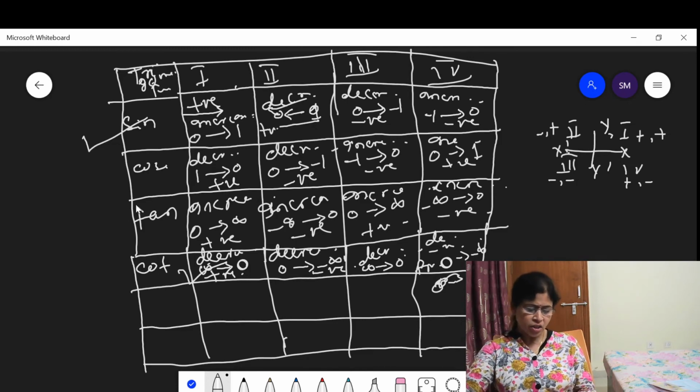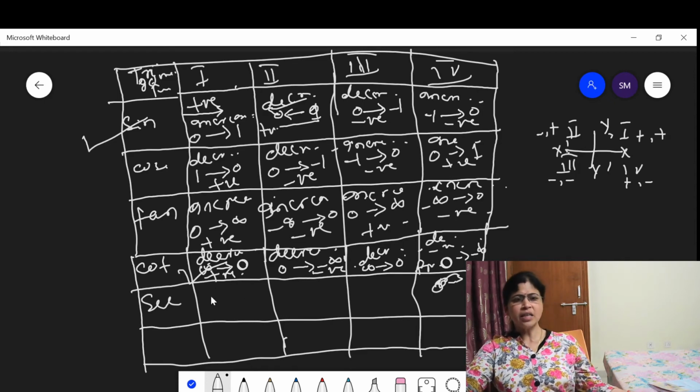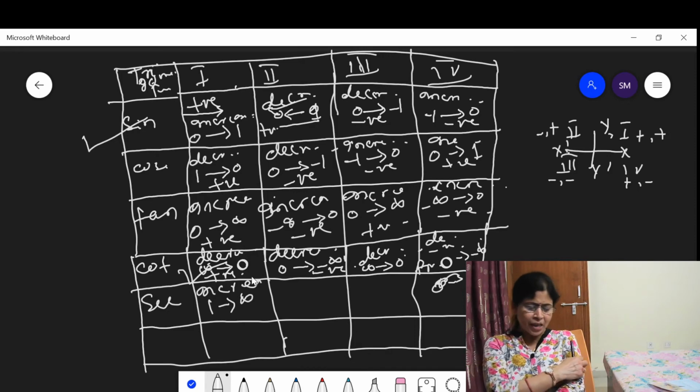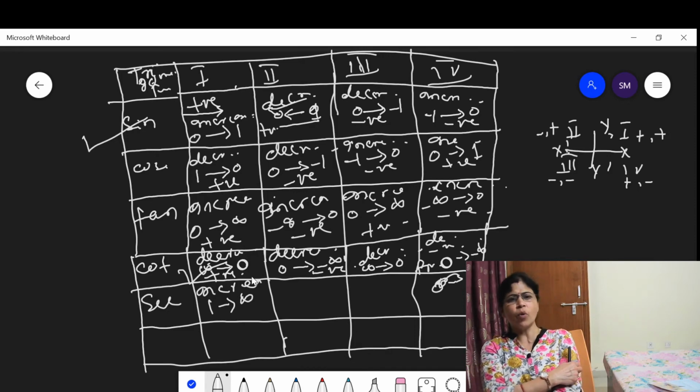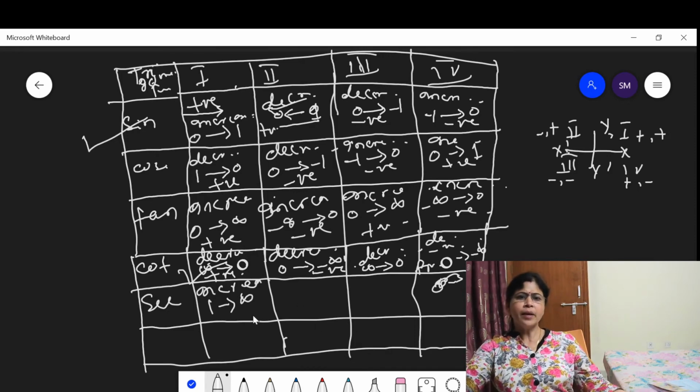Now let us discuss the sec function. In the first quadrant, it is in increasing mode from 1 to infinity, which means positive value.